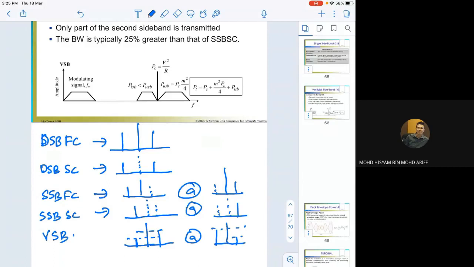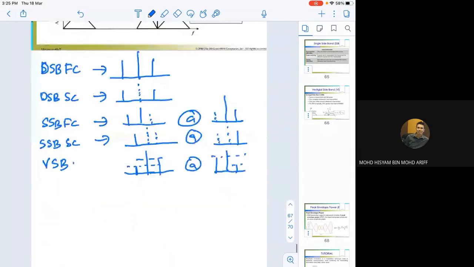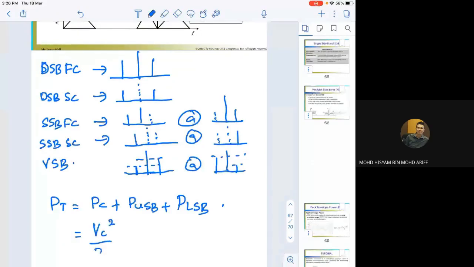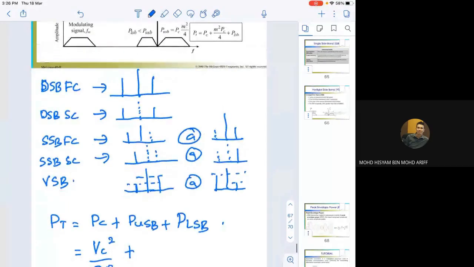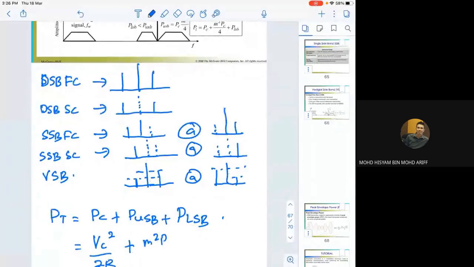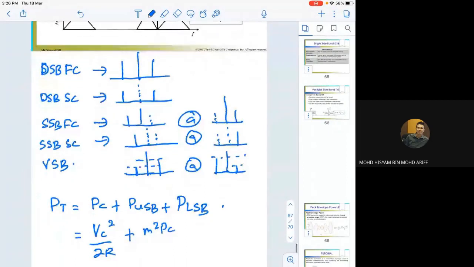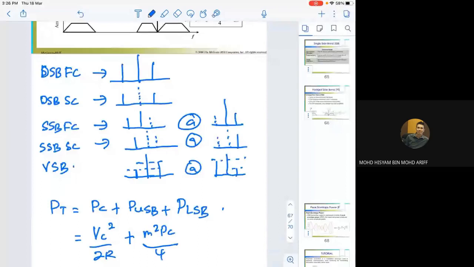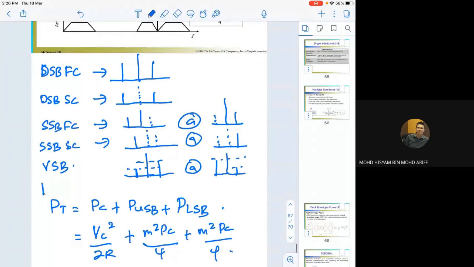PC. Now, don't forget, let me repeat again. Power transmitted equals PC plus P upper sideband plus P lower sideband. PC equals VC squared over 2R, plus the upper sideband M squared PC over 4, plus M squared PC over 4. This is for double sideband full carrier.